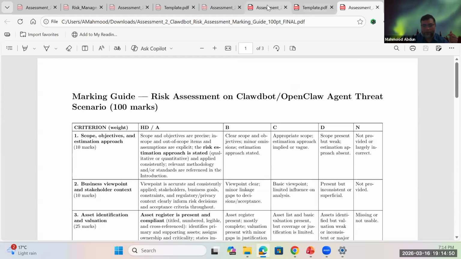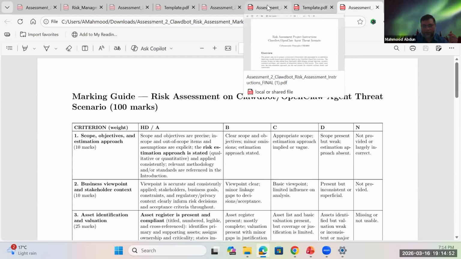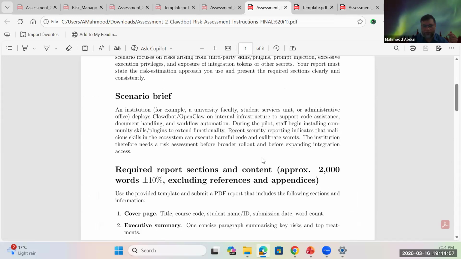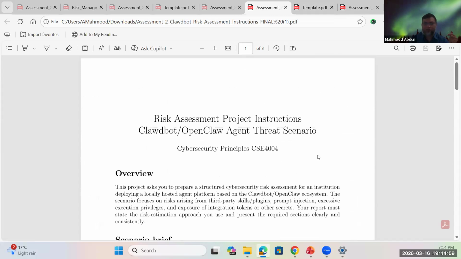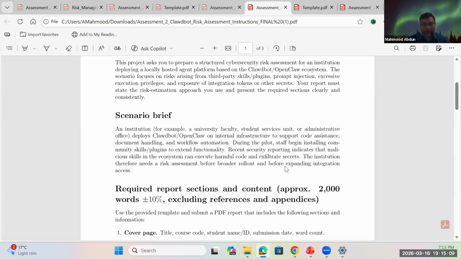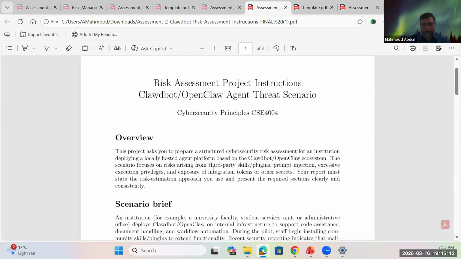Okay, the next thing is your project instructions, okay? So this was made available to you a long time ago, but I'm just trying to tell you what needs to be done here, right? So here you can see there is a scenario mentioned.